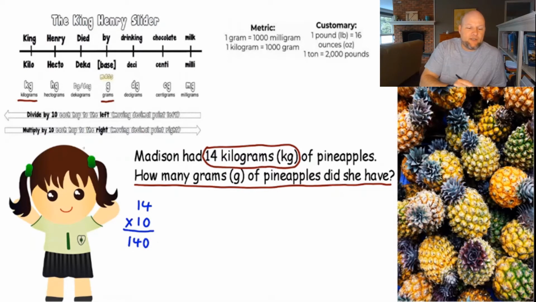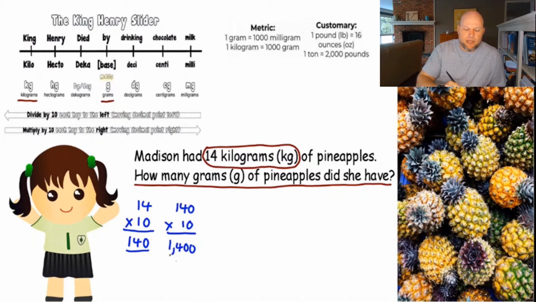That gives us 140 hectograms. But we don't want hectograms, we want grams. So we're going to multiply this number by 10 because that's our next hop. So 140 times 10 gives us 1,400. But that only gives us decagrams, not grams.